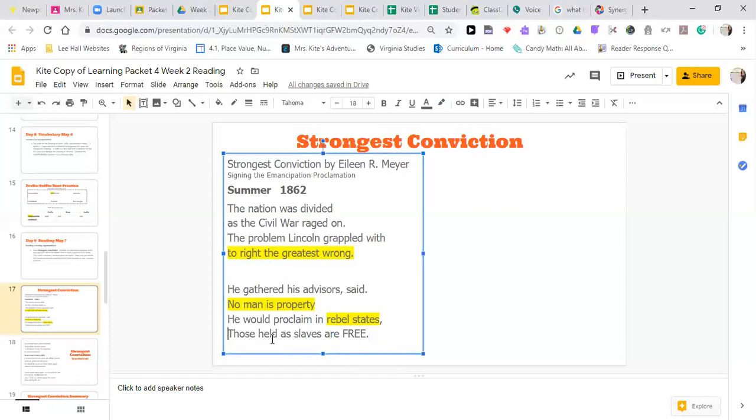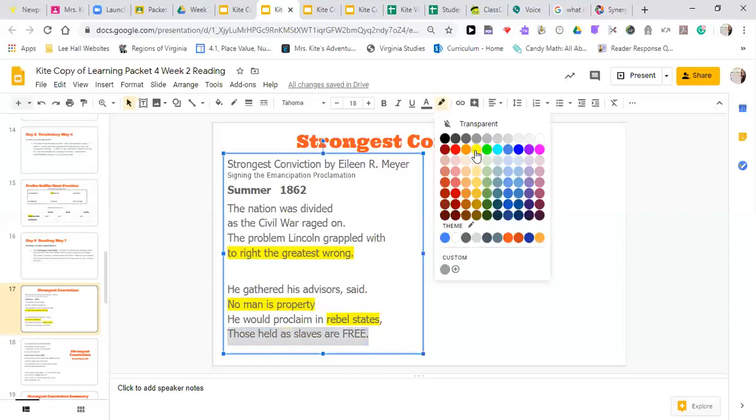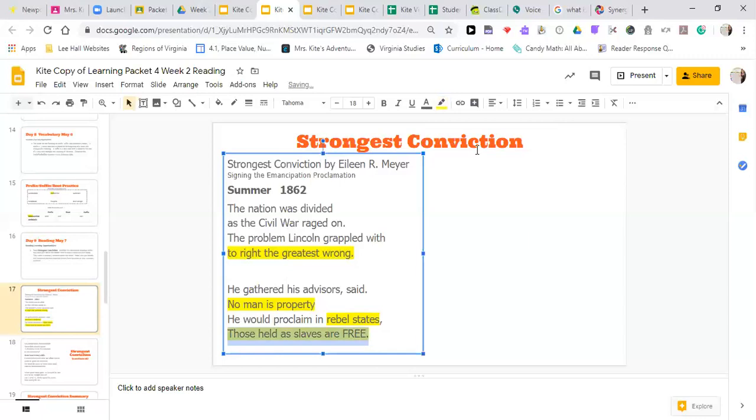When he made this Emancipation Proclamation, what's really important for us to remember is that if he were to proclaim this, if he were to write a document about this, then those held as slaves could leave, travel up north, and they would be recognized as free people.